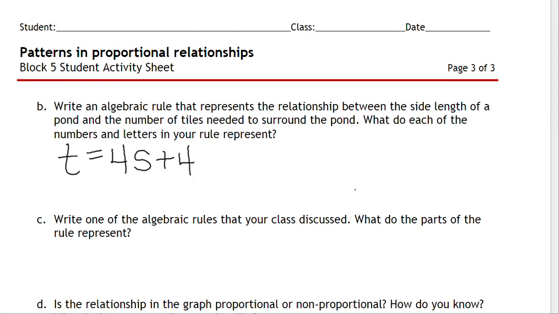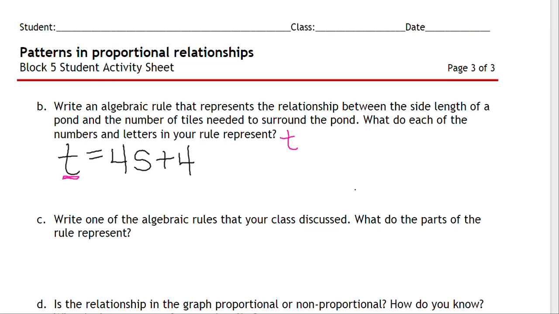It goes on to say, what do each of the numbers and letters in your rule represent? So let's start with the left. So the t. The t represents what?